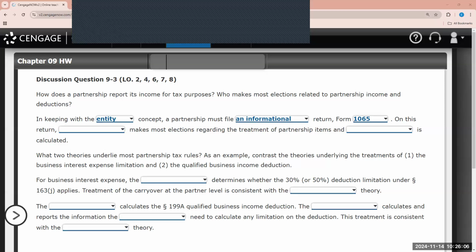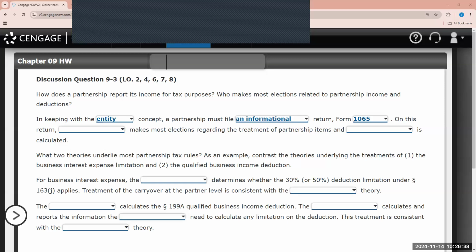And then if there's any separately stated item, whether it's an income or expense, the reason why it's considered separately stated is because it affects the tax liabilities of different partners. So let's say, for example, there's charitable contributions. One partner claims itemized deductions, so he'll get the benefit of the charitable contributions, versus another partner that takes the standard deduction. They won't get the benefit of the charitable contribution. Another example, capital gains.